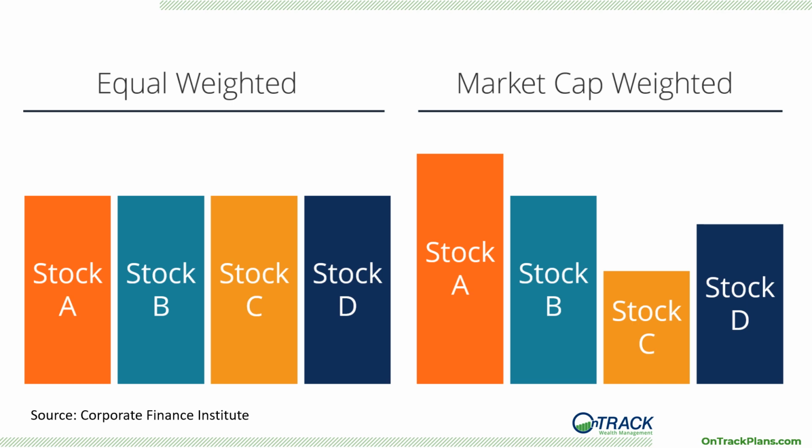So now you apply that concept to an index like the S&P 500, and your standard mode for the S&P 500 is market cap weighted. Right, exactly. What that means is each stock is moving as its market capitalization moves, and the percentage of the index that it makes up is based on its market capitalization.